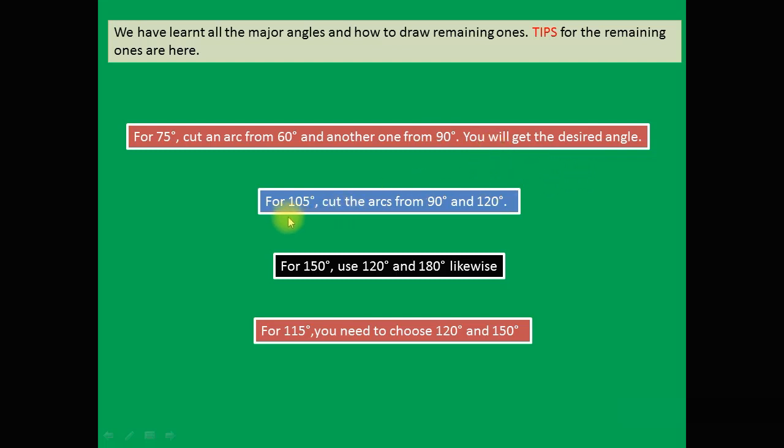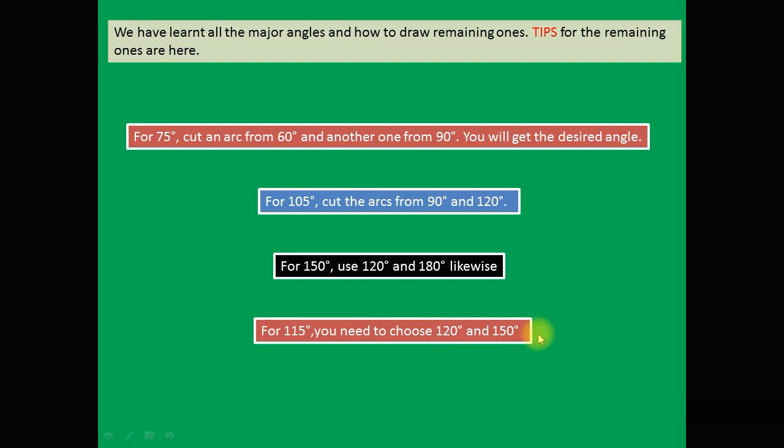And for a 105-degree angle, cut the arcs from 90 degrees and 120 degrees. For 150 degrees, use 120 degrees and 180 degrees likewise. For a 115-degree angle, you need to choose 120 degrees and 150 degrees.